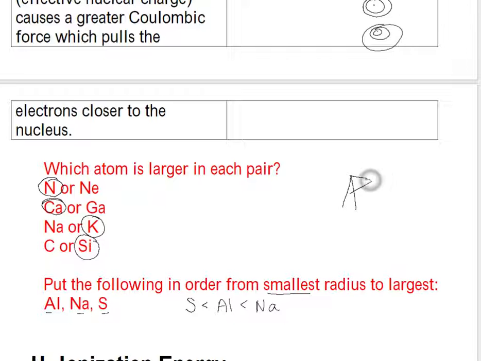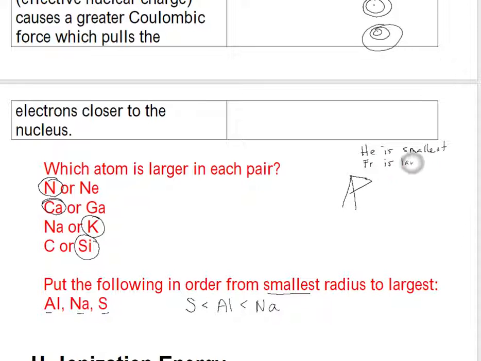it's getting smaller. So the smallest atoms are on the top right, and actually helium is the smallest atom of them all. It's even smaller than hydrogen. Helium is the smallest, and the biggest atom would be the farthest to the left and the bottom, which is francium.